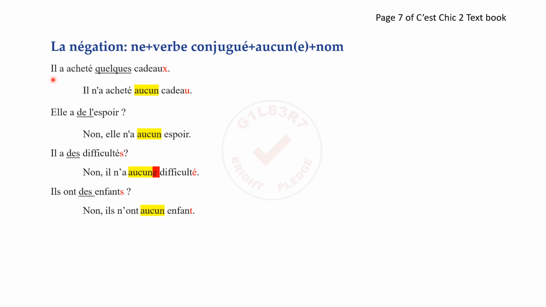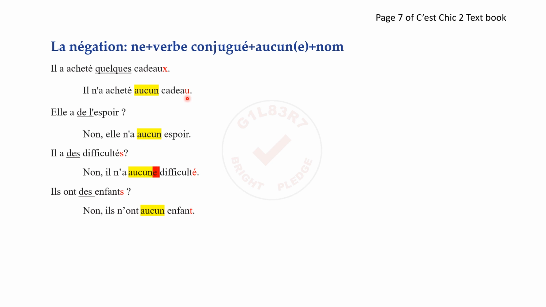So the first one says, il a acheté quelques cadeaux. So meaning he bought a few gifts. So here, if I'm going to make use of the negative with ne and aucun, you could see that I have an apostrophe here, followed by the auxiliary verb, followed by the past participle, and then I have aucun, and then I have the noun which is cadeau.